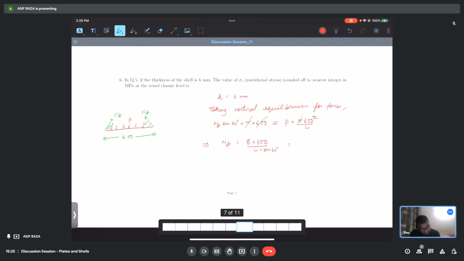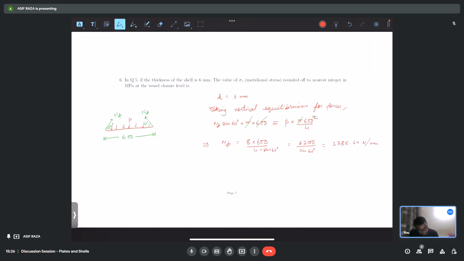So this will be equal to 1200 upon sine 60, and this is also equal to 1385.64 Newton per mm.